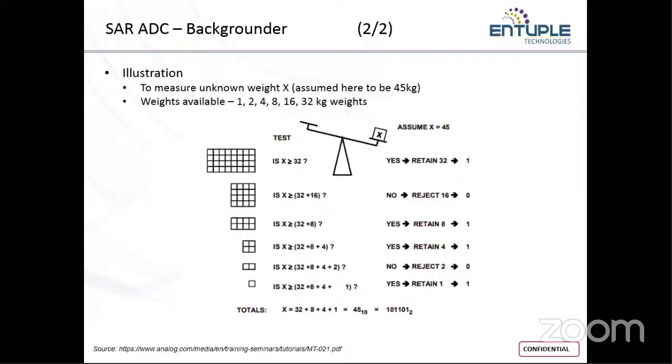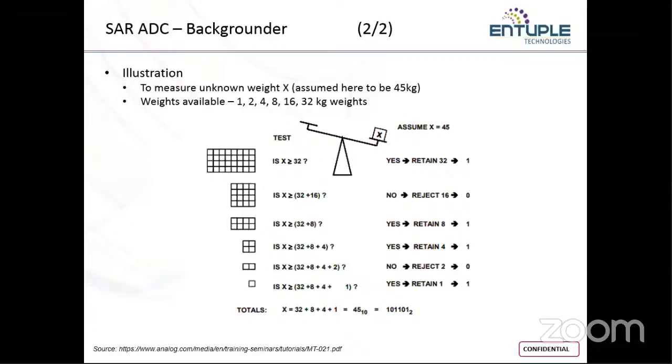So the MSB will be set to 1. Now you start including the next possible weight. After 32 you have 16 kg. So along with 32 kg you will also include 16 kg. So 32 plus 16, it is 48, right?